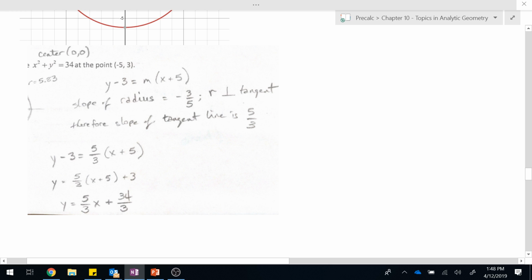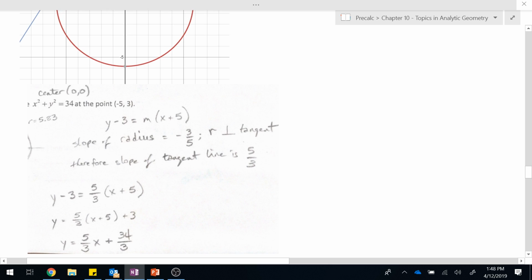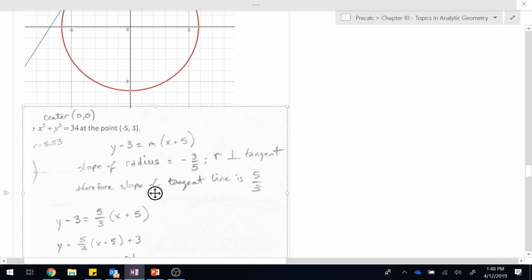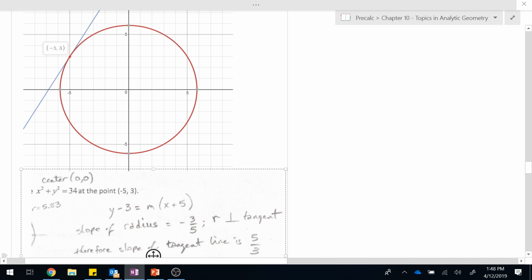Why did you find the opposite of it? Because you have a point for the line, but you don't have a slope. To have a line equation, you need a slope and a point. Didn't we find the slope by doing that? That's the slope of the radius, yeah, but not the slope of the tangent. See, this is the radius going this way.